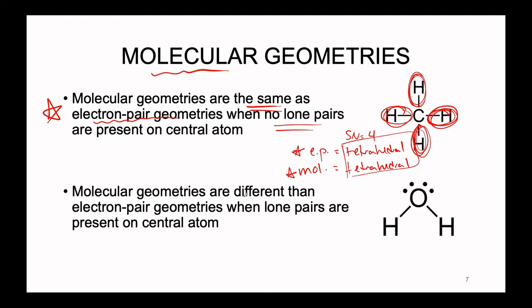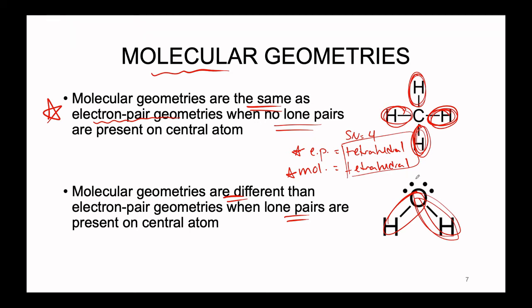Where the molecular geometries will differ is when lone pairs are present on the central atom. So again, something like water also has a steric number of 4 since we have 2 lone pairs and 2 bonding locations. It's going to have a different molecular geometry because we're only going to be paying attention to the atoms in this case.